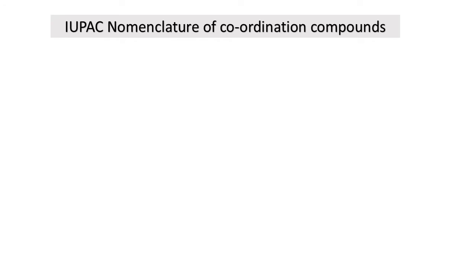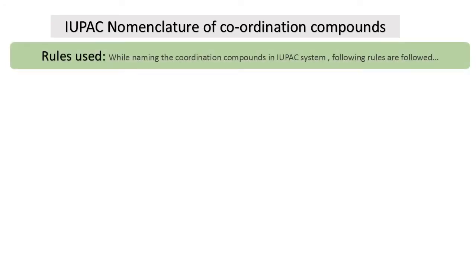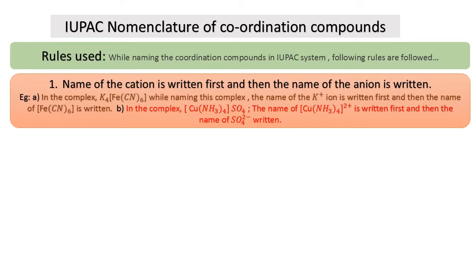Now, IUPAC nomenclature of coordination compounds. The rules used here are: the name of the cation is written first and then the name of the anion. For example, in the complex potassium hexacyanoferrate(II), while naming this complex, the name of the K⁺ ion is written first, that is potassium, and then the name of the coordination sphere is written, because here potassium is the cation and the coordination sphere is the anion.